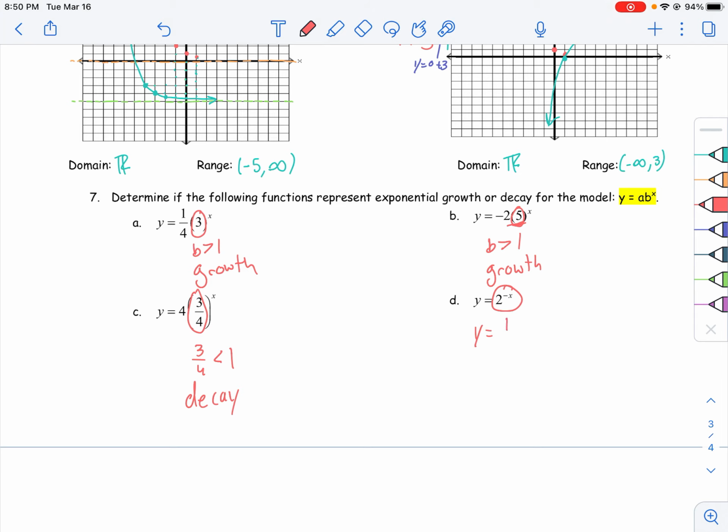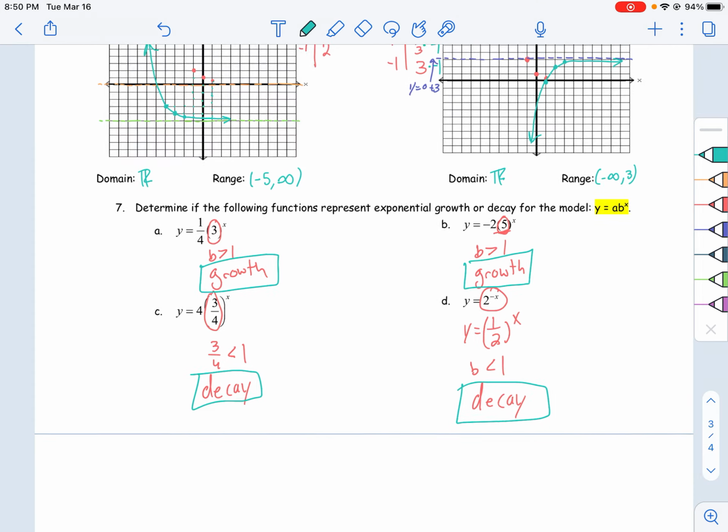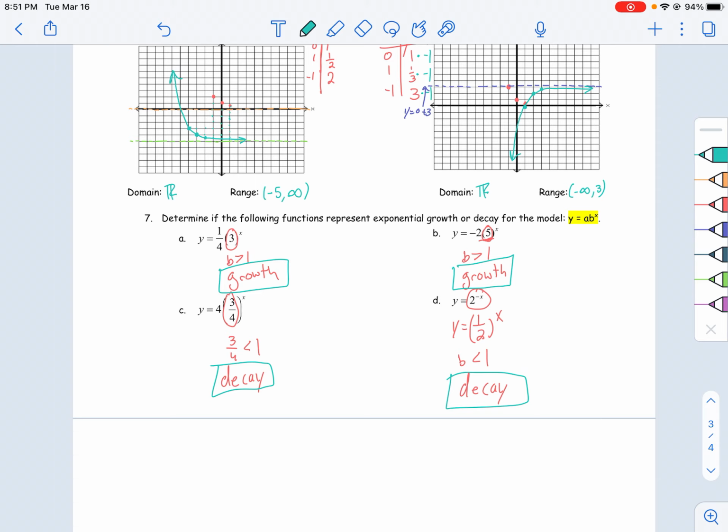And then this last one is y equals 1/2 raised to the x. So this is a b less than 1. So this is also a decay. All right. So whenever you're talking growth or decay, you physically only need to look at the b value. Doesn't matter what is on it, what transformations are happening, just the b value.